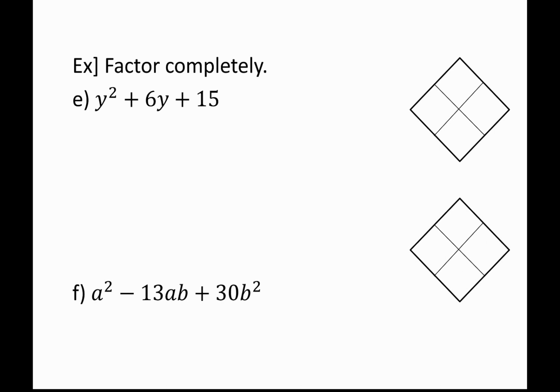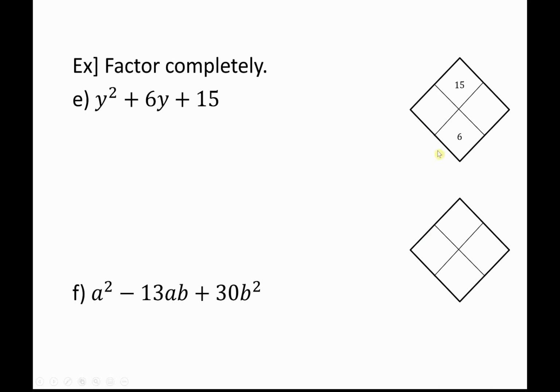Let's factor completely. Example E. All right. It looks like we have 15 up top, 6 down below. Okay, so factors that multiply to give you 15, and it's positive, so we know both of the remaining factors are going to need to be positive. Let's see, 3 and 5 are the only ways you can multiply 15, other than 15 and 1, but that doesn't have a sum of 6. 3 and 5 don't have a sum of 6 either.